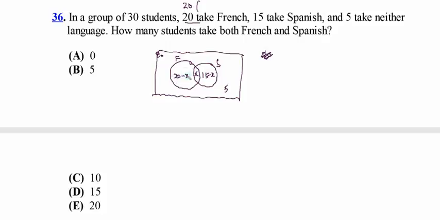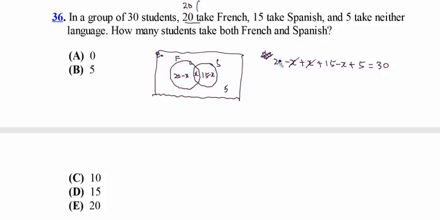This one, 20 minus X, is the students who take only French. 15 minus X is the students that take Spanish only. So all these, if you add together, they must equal 30. Plus 15 minus X plus 5. So that must give you 30 students. So this minus X plus X cancel.